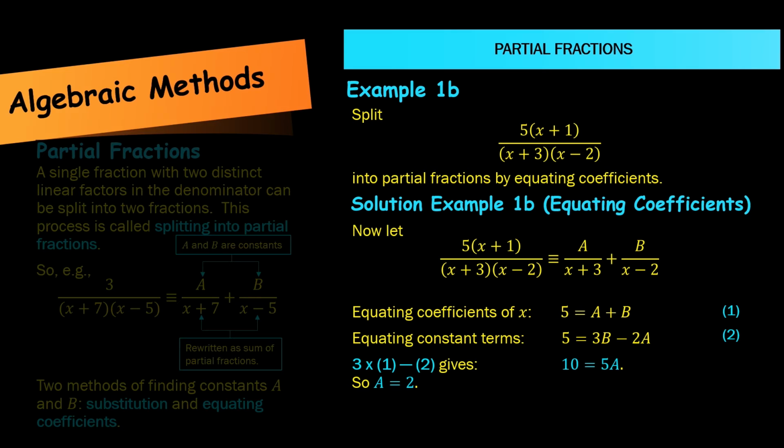And this gives us a equals 2. We can substitute a equals 2 back into equation 1 to give 5 equals 2 plus b. And rearranging this gives us that b equals 3. So a equals 2 and b equals 3.